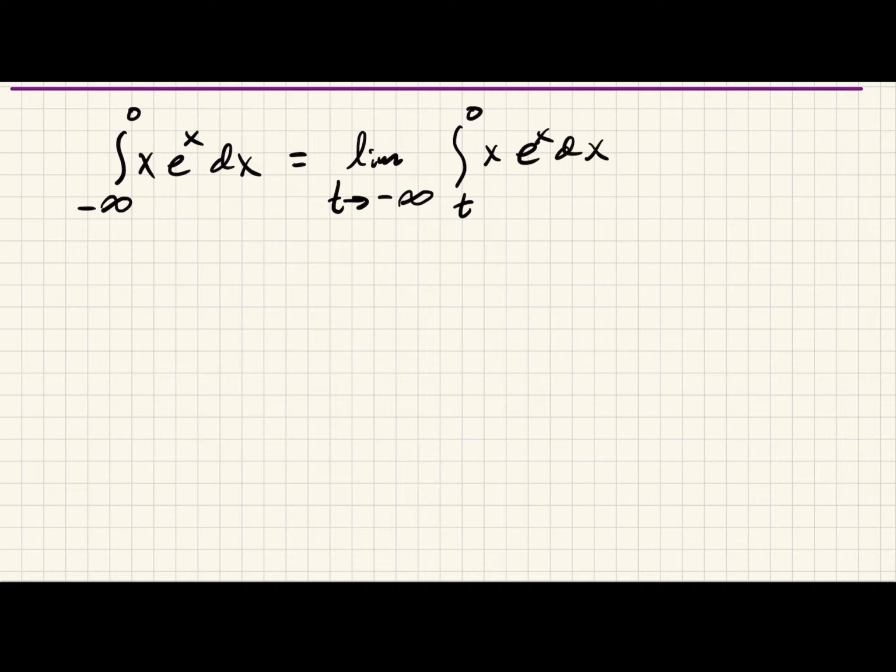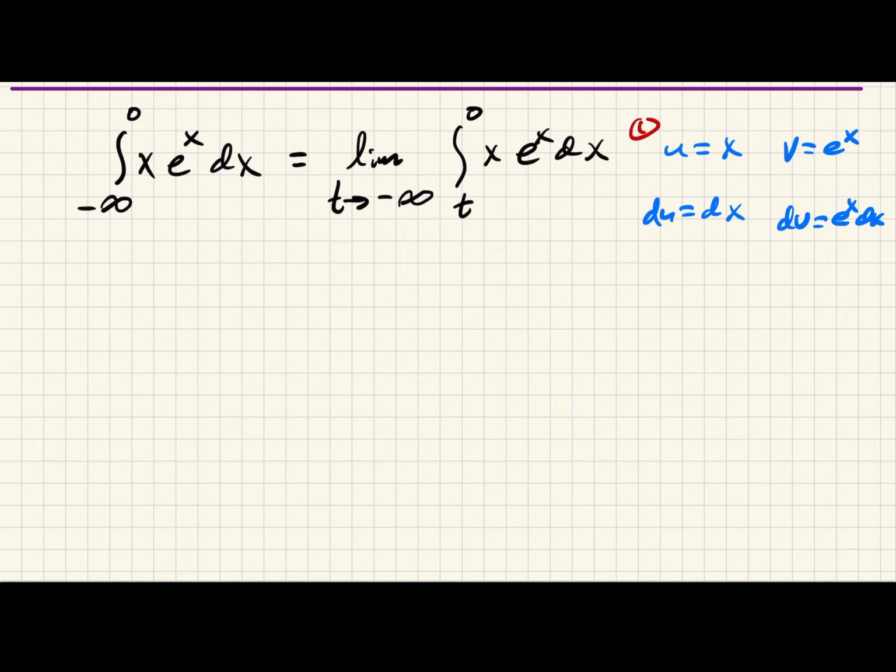And when I think about how to integrate that thing, what am I thinking? By parts, yeah, because we've got two functions that really aren't related at all. So let's see. u will be x, and dv will be e to the x dx. Then v is e to the x, and du is just dx.